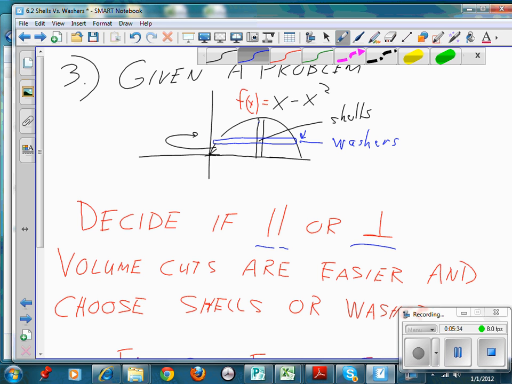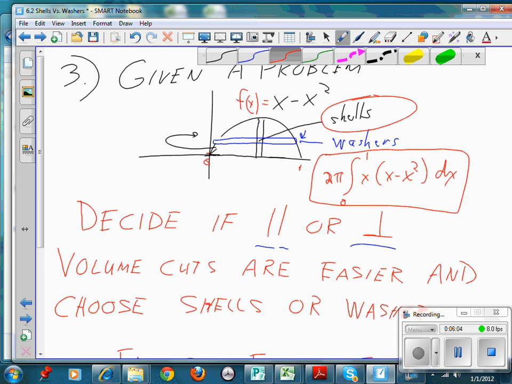The parallel cut's going to be much easier. This is clearly a shell game here, and with the shell game, it's just going to be 2 pi x times x minus x squared dx from 0, where x equals 0 here, to x equals 1 there.